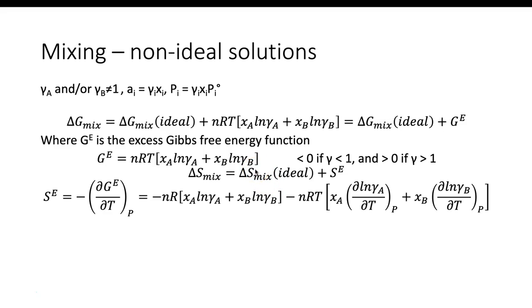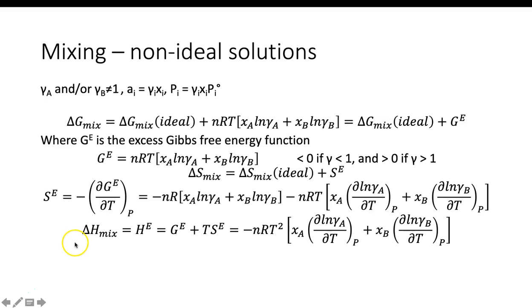In fact, we're describing our activity coefficient as the intermolecular interactions between the two molecules involved. Clearly, that's going to be temperature dependent. So there could be a temperature dependence, so we need to evaluate that in terms of the partial derivatives. So that would be our excess entropy function. It's not an easy thing to evaluate because we would have to know exactly how that changes with temperature, and we haven't got a function for that yet.